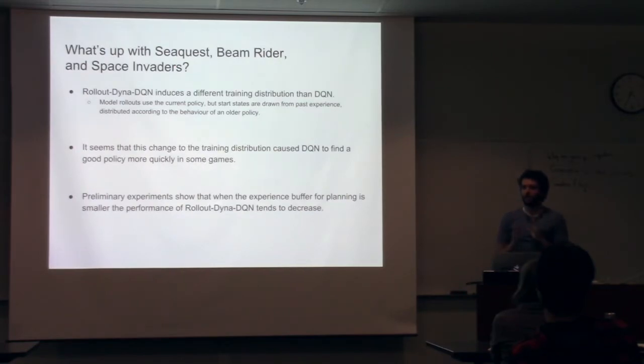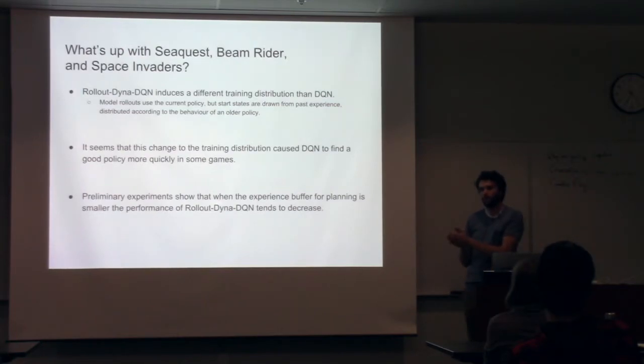So the states that are sampled to start planning will look more like the current on-policy distribution of states, and maybe that'll make Rollout-Dyna-DQN look more like DQN. If you do that, it tends to make the performance of Rollout-Dyna-DQN decrease. But that's preliminary. I don't have anything really concrete to say about that.